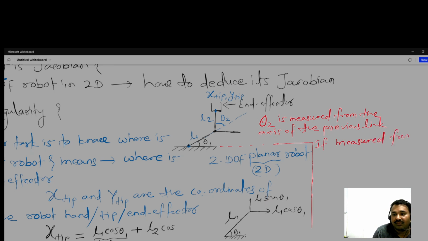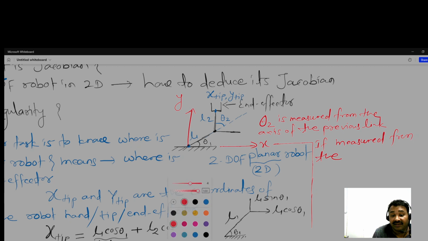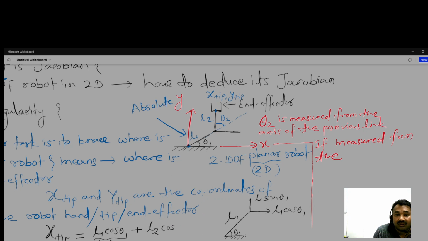If measured from the x-axis, you can see here x, here y, this is the absolute frame, the absolute coordinate system, or the fixed coordinate system.